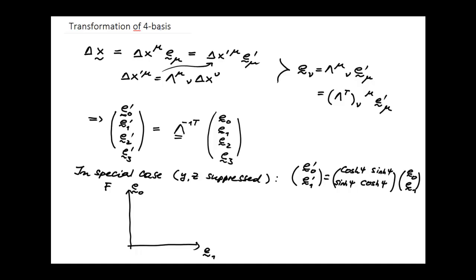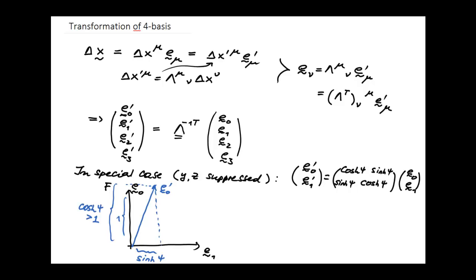So this equation tells us that E0 primed lies somewhere here, where if this is 1 unit, then this here is the hyperbolic cosine of psi, which is larger than 1, and this here is the hyperbolic sine of psi.